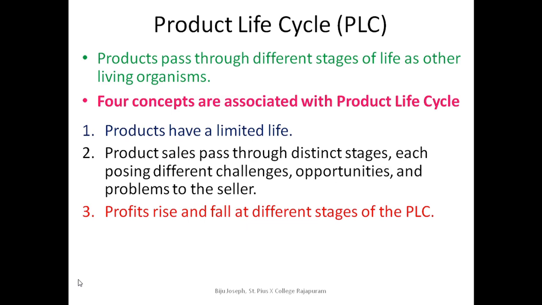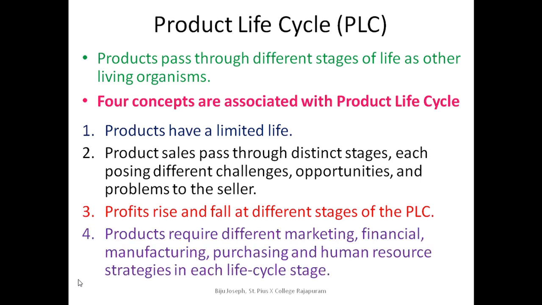So during each stage of the life cycle, the profits also change according to different stages of the product life cycle. And finally, products require different marketing, financial, manufacturing, purchasing, and human resource strategies in each life cycle stage.